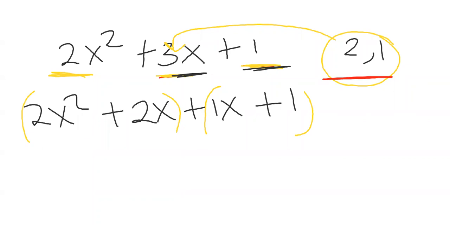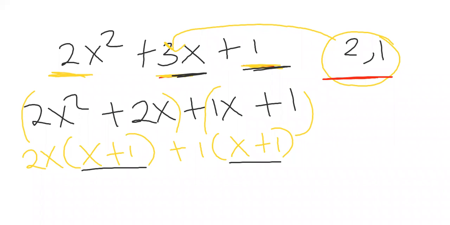So factorizing these by grouping, factorizing the first group, I'm going to get 2x, x plus 1. Then this side, I'm going to get 1, x plus 1. I want to believe by now, you know why it's like that. Then look at our terms, what is inside the brackets is the same.